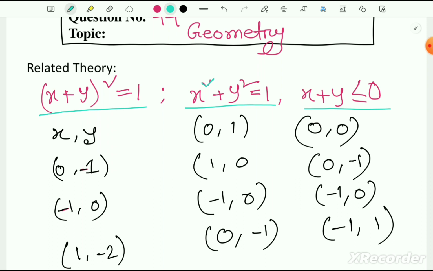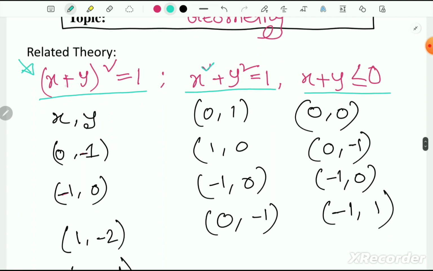For example, if we consider individually, in the case of equation 1, it's given (x+y) whole squared equals 1. So x plus y, two variables whose summation is squared. That means the summation of x and y, either positive or negative, at the end becomes positive because of this square. So this summation should always be 1. How many ways can we get that?